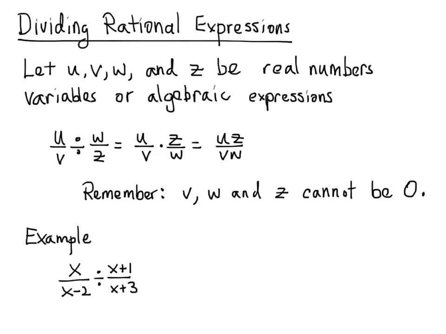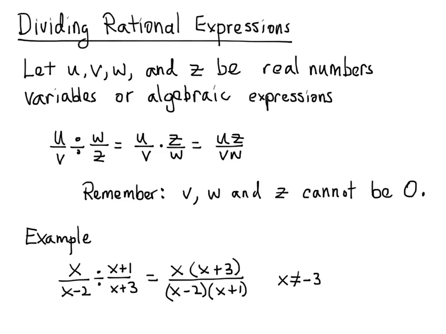And so if I give you a simple example here where we have x over x minus 2 divided by x plus 1 over x plus 3, first thing we do is we make it into a multiplication problem. And notice there's no simplifying that I can do here.